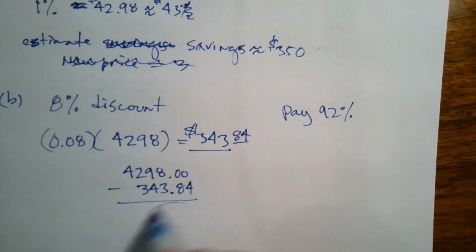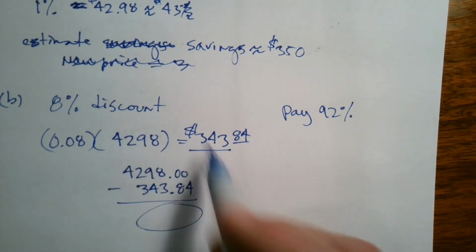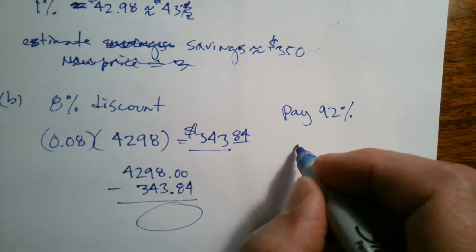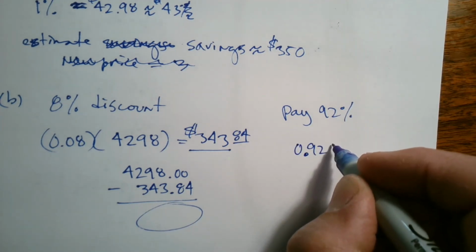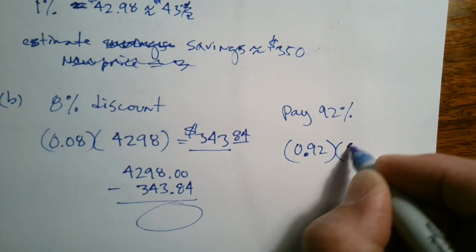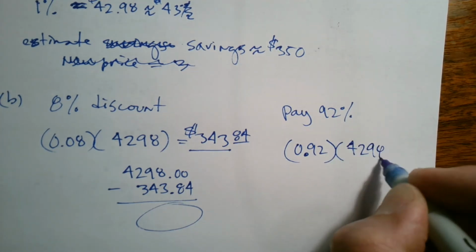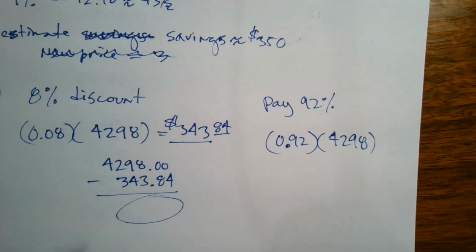So a quick way to get this answer without a couple of operations is to multiply 0.92, 92 hundredths, times my amount, 4,298, and that would give me what he's going to pay.